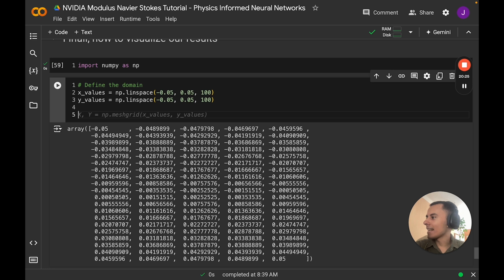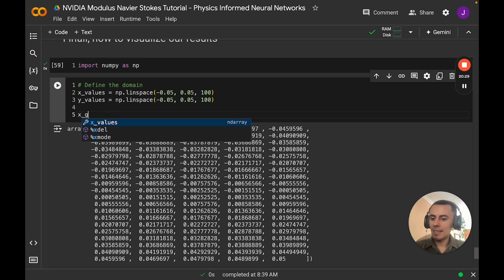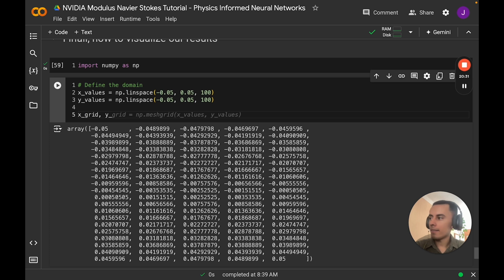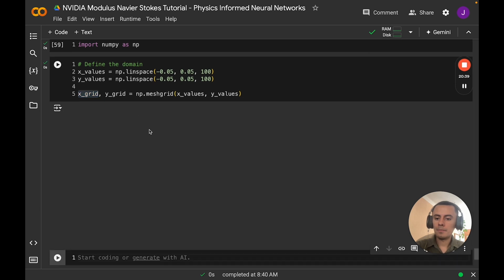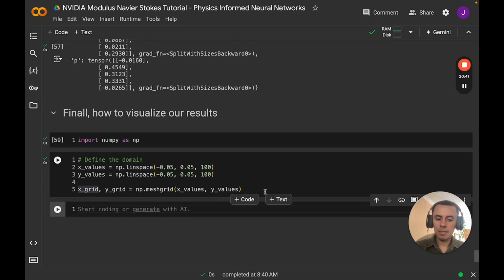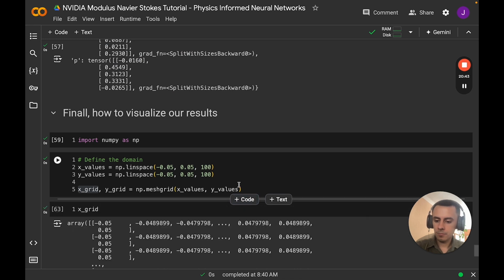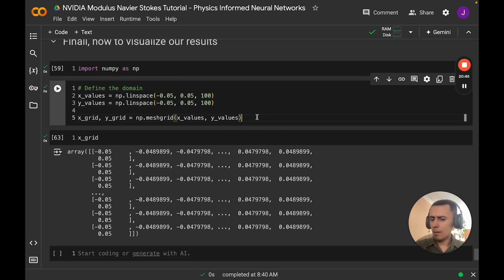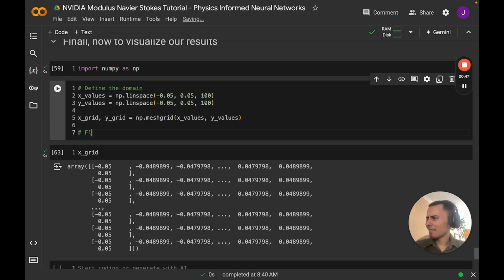What we really want, though, is a grid. X grid, y grid, mesh grid. Yeah, this is what we want. This gives us a grid of values.